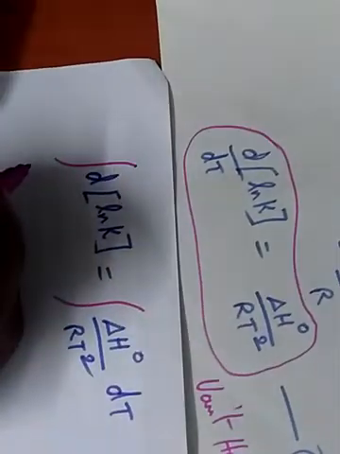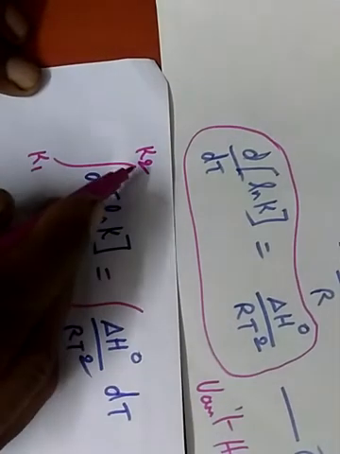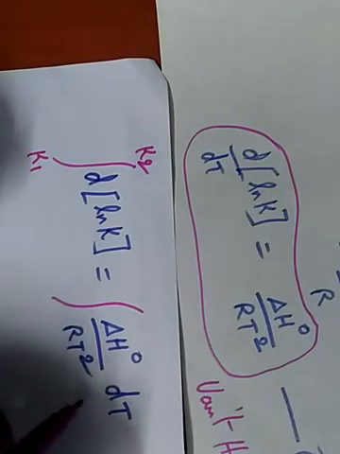Now what's the limit? K1 to K2. K we already defined, it is the equilibrium constant, and it has an initial value and a final value. Similarly, on the right-hand side of the equation, the integration is with respect to temperature.